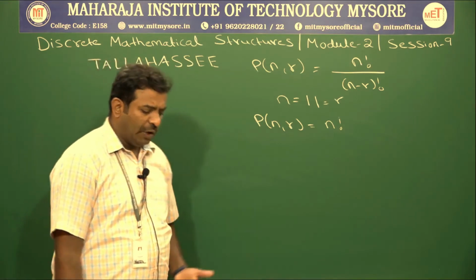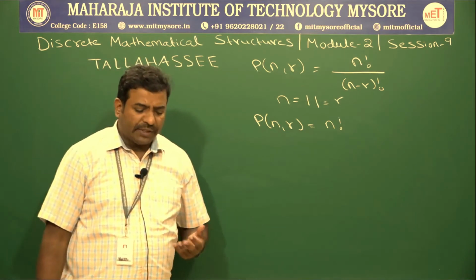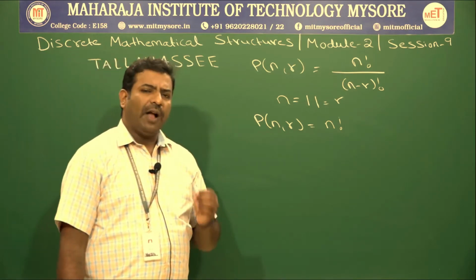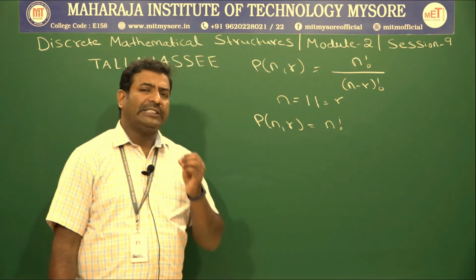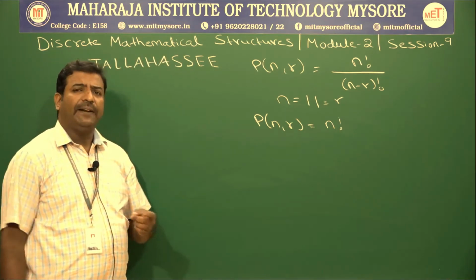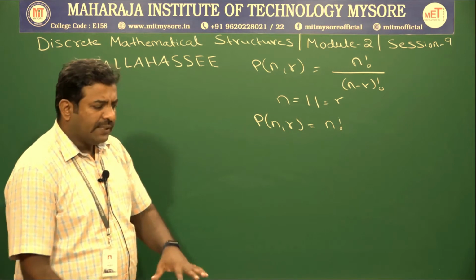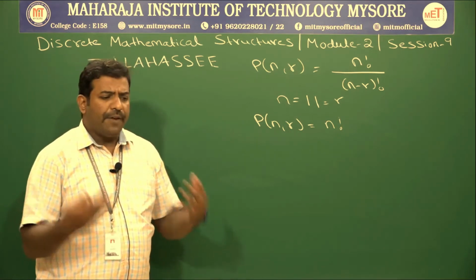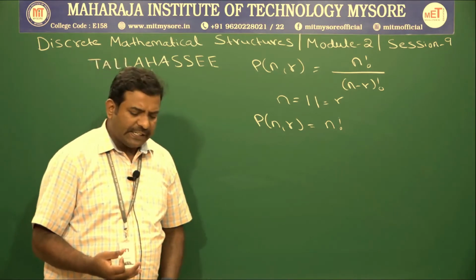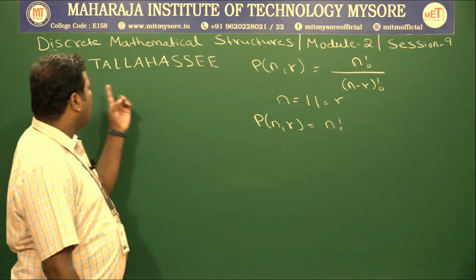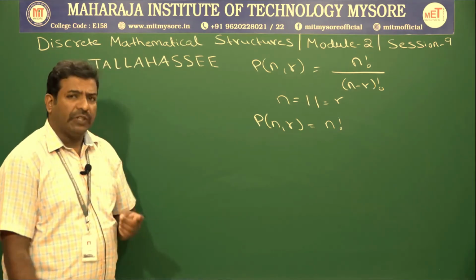I know the value of N, but if you carefully observe, the same object is repeated more than once, so there are identical objects. Whenever there are identical objects, you talk about frequency.